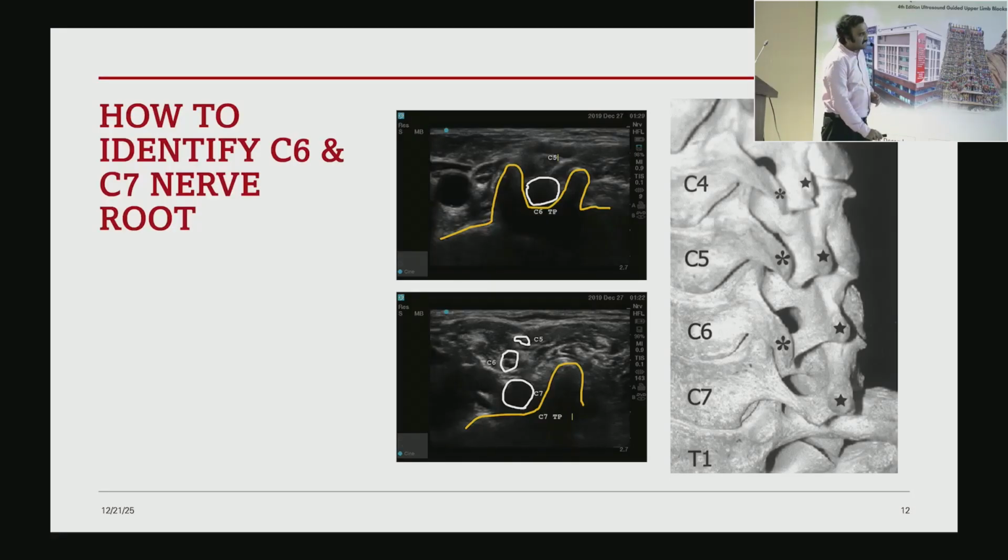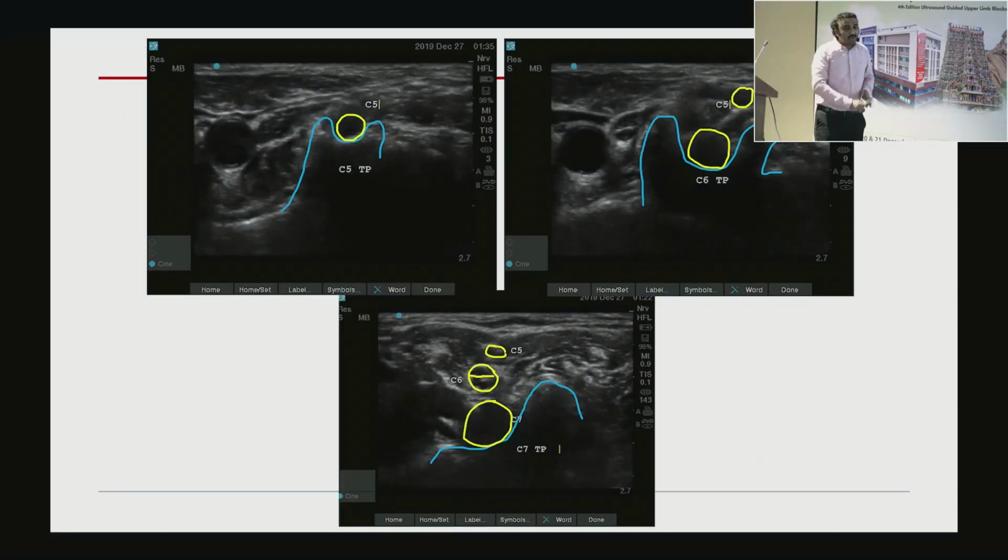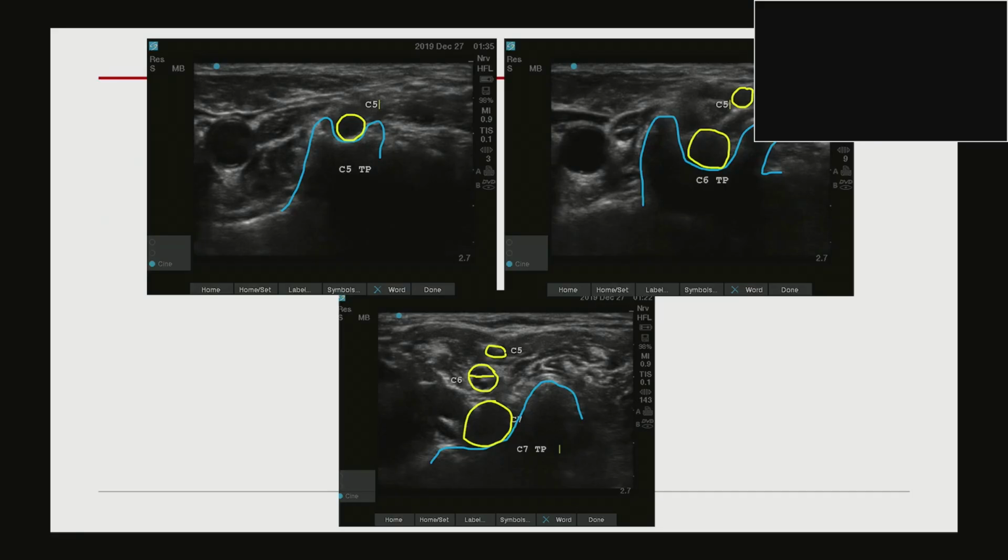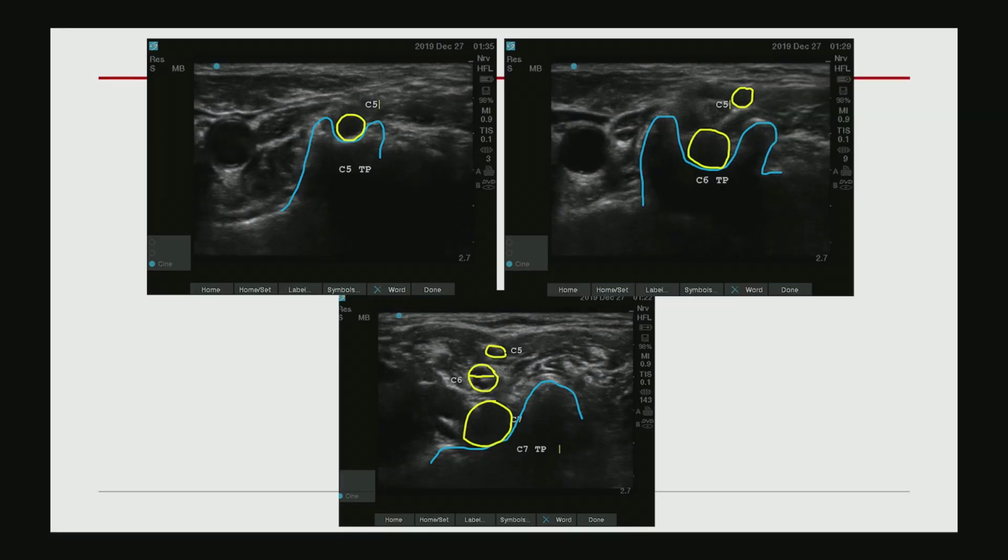So with this unique sonomorphology, we'll be able to identify which is the C7 nerve root and which is the C6 nerve root. So when you see a posterior tubercle alone and a nerve root, it is the C7 nerve root. When you see anterior and posterior tubercles with a prominent anterior or Chassaignac's tubercle, it is the C6 transverse process. Whereas C5 will be having anterior and posterior tubercles. So this is how you differentiate C5, C6 and C7.